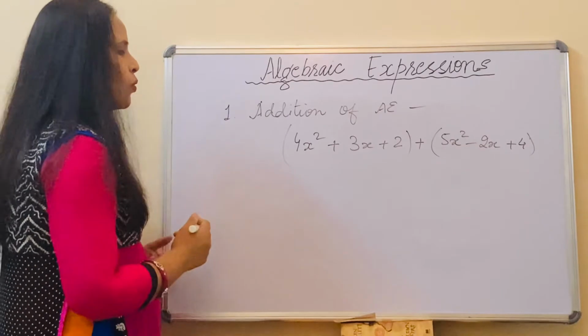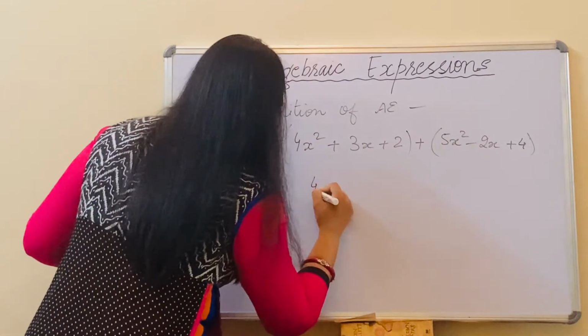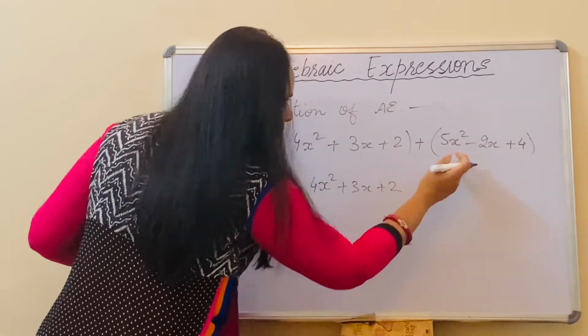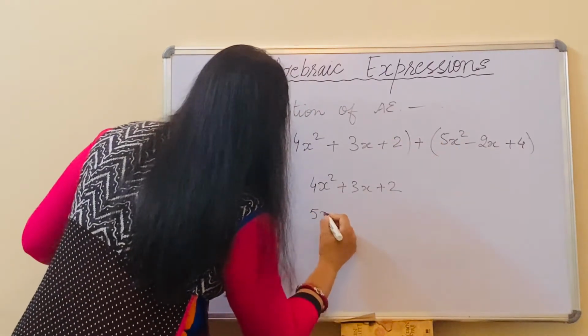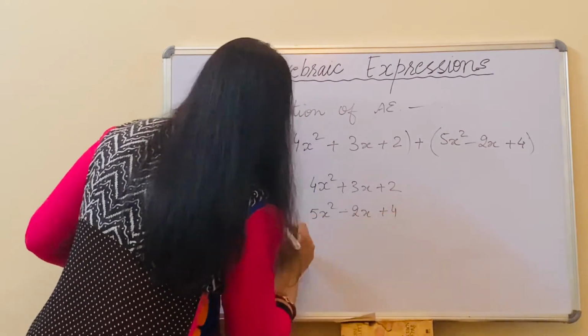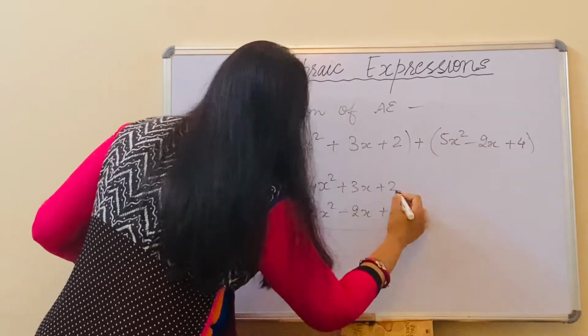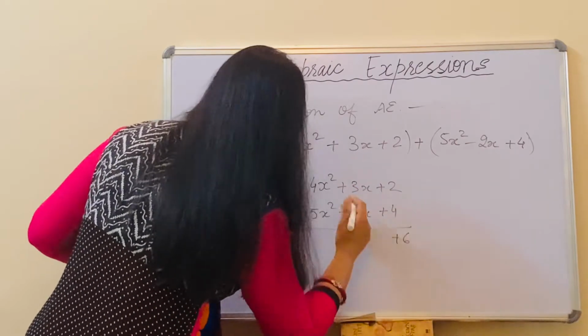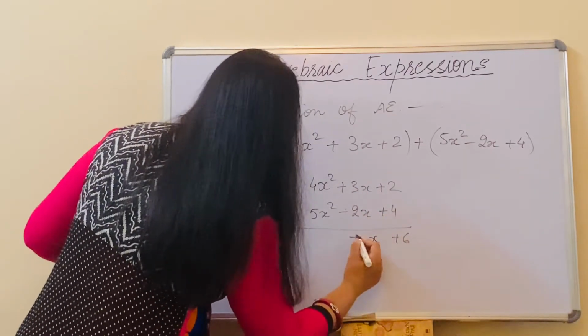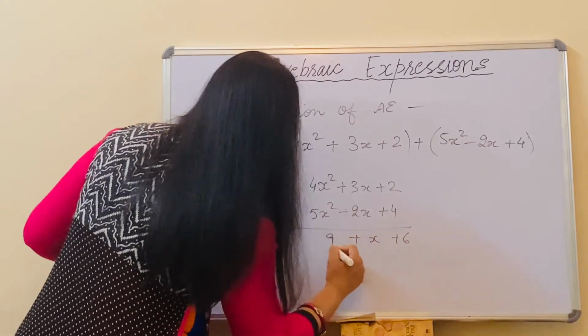Simply, there are two ways. Write the first one, 4x square plus 3x plus 2. Now this one, 5x square minus 2x plus 4, and add them. 4 plus 5 is 9x square, 3x minus 2x is x, and 2 plus 4 is 6.